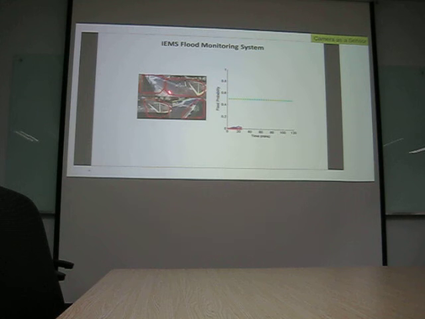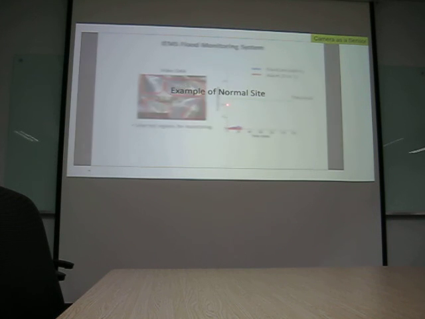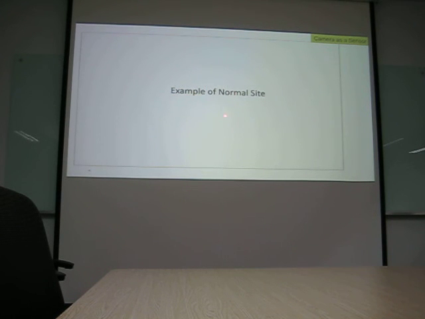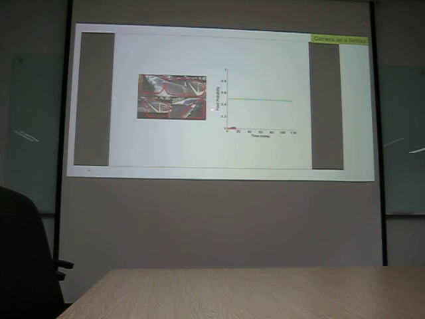So this is a camera flood system. This is the baseline probability of flood. You can see the region of interest and the alarm level; if it goes up to this, it raises the alarm. This is an example of a normal site. This is using machine learning.